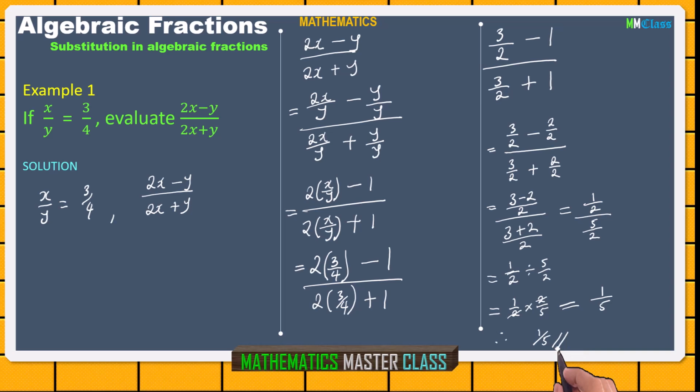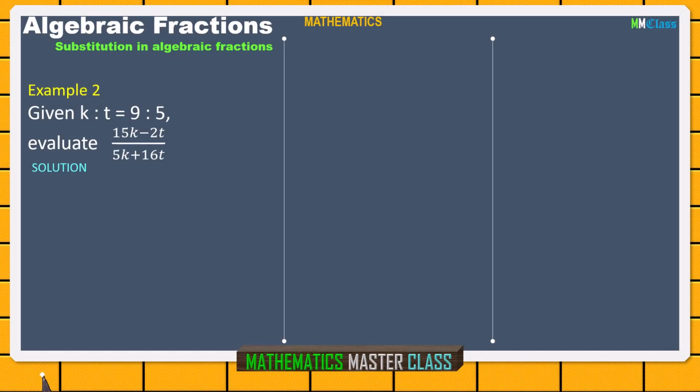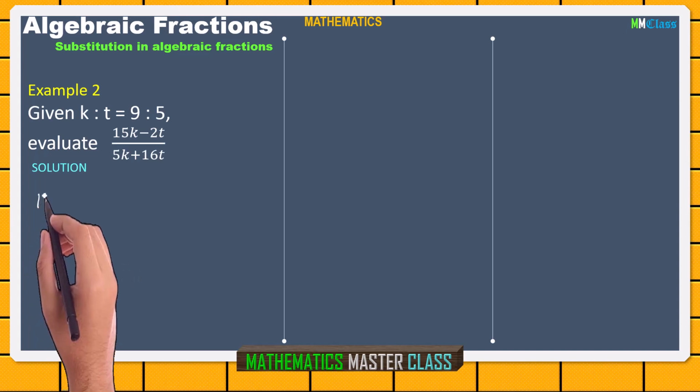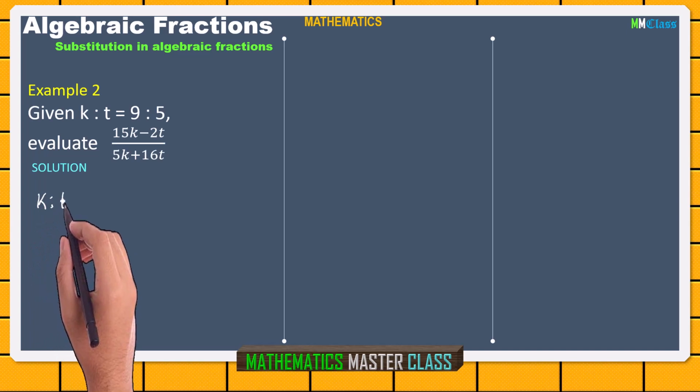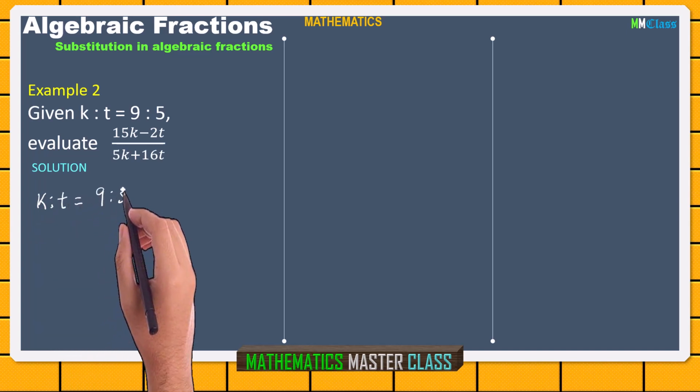Now let's consider example 2. Given that k ratio t is equal to 9 ratio 5, evaluate 5k minus 2t all over 5k plus 16t. Know that k ratio t is equal to 9 ratio 5.